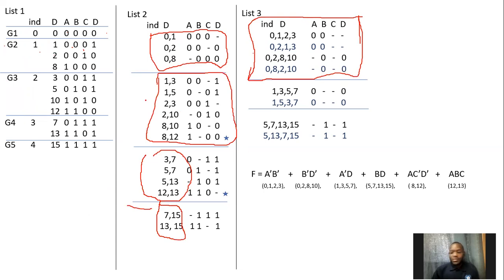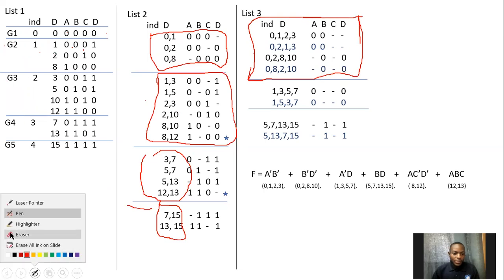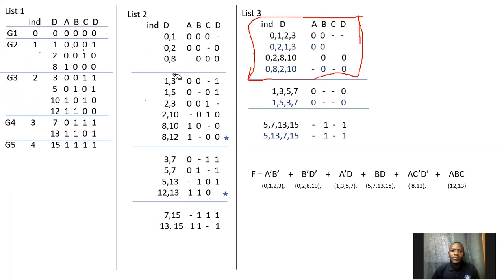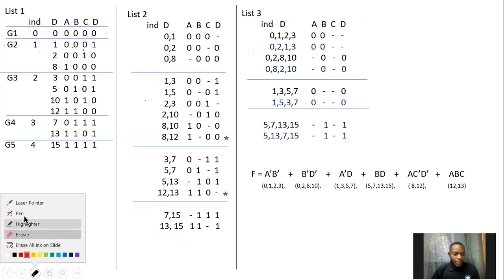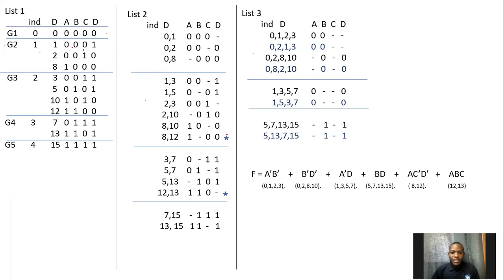But you need to take note of one thing. If you have observed here, we are having an asterisk here. So this asterisk means that 8,12 didn't perform any combination with any value that we have in this group.